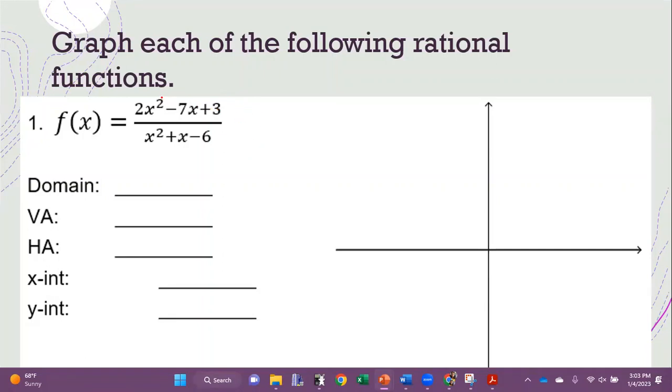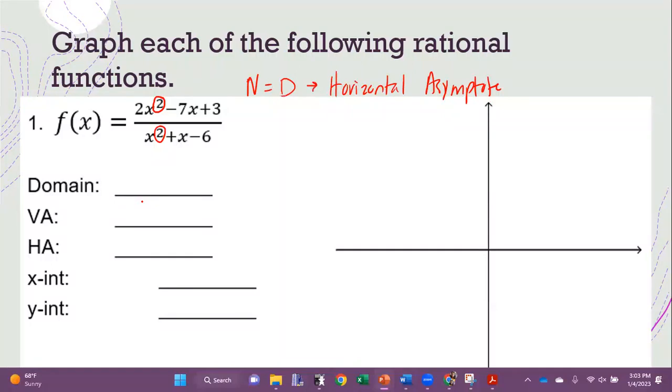The degree of my numerator is 2. The degree of my denominator is 2. The degree of the numerator equals the degree of the denominator. Because of that, I know I have a horizontal asymptote. That horizontal asymptote comes from my leading coefficients.